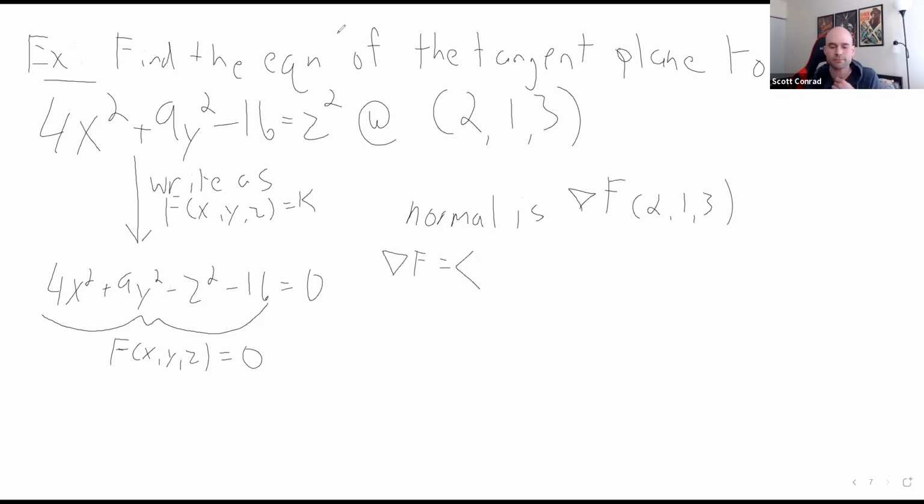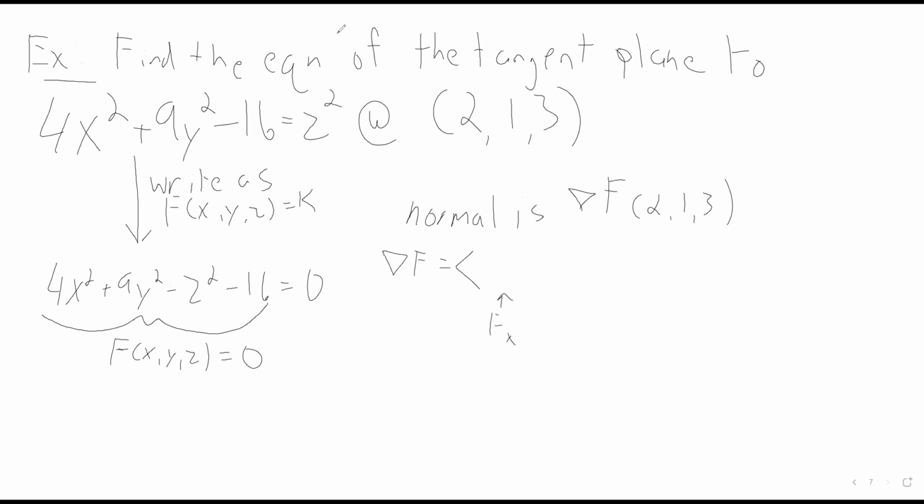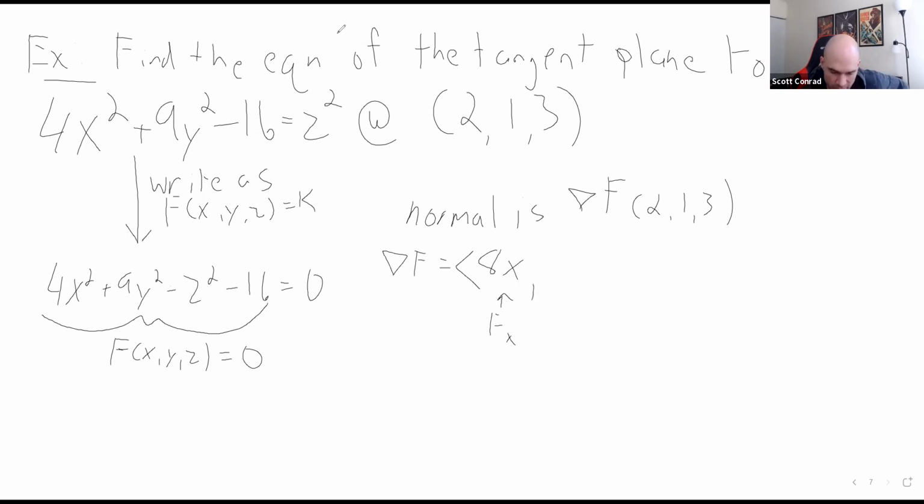So without plugging in our point, what's the partial of F with respect to x? Is it 8x? Right, it's 8x. And then the partial of F with respect to y is going to be 18y. And the partial of F with respect to z is going to be negative 2z.